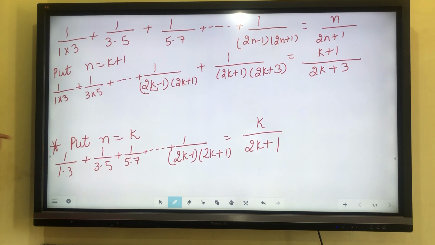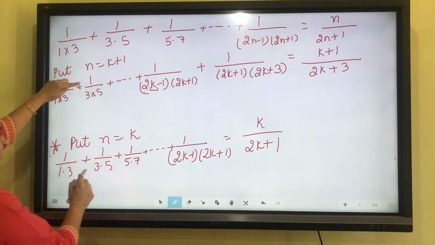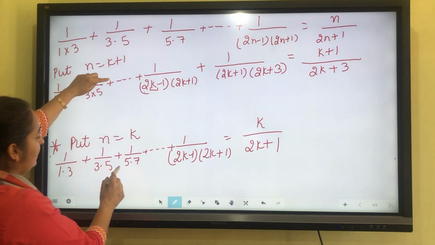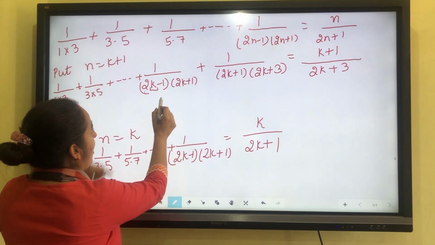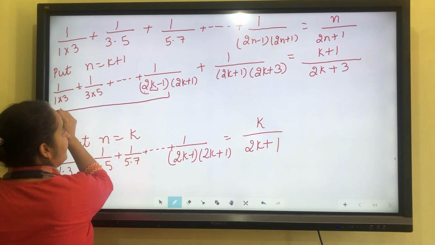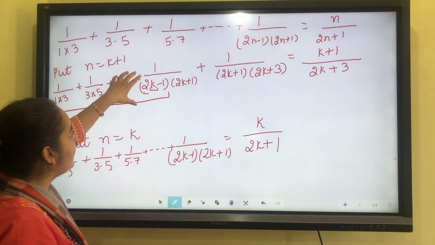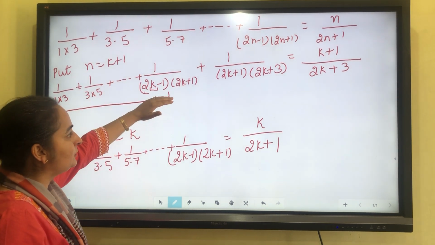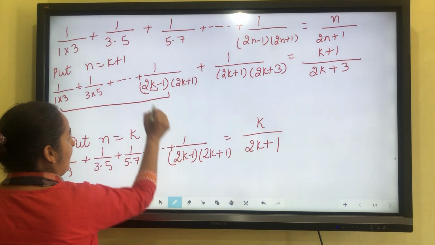Compare the third and second step. 1 upon 1 multiply 3, 1 upon 3 multiply 5, 1 upon 5 multiply 7, and up to 1 upon 2k minus 1 and 2k plus 1. There is no change between the third and second step up to this point.